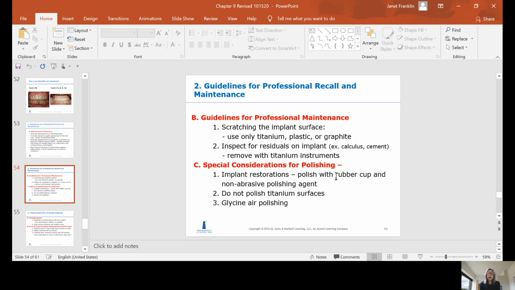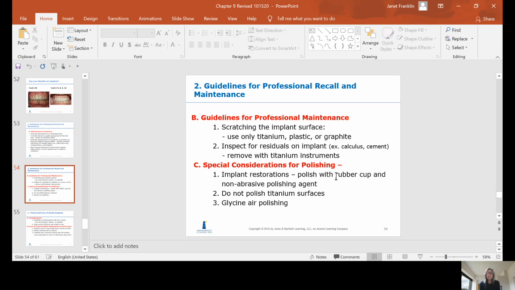Special considerations for polishing. Implant restorations, polish with a rubber cup and a non-abrasive polishing agent. Most of the time we don't really polish implant restorations. We just kind of leave them because a lot of our polishing agents are too abrasive, but you can even just use regular toothpaste on a rubber polishing cup.